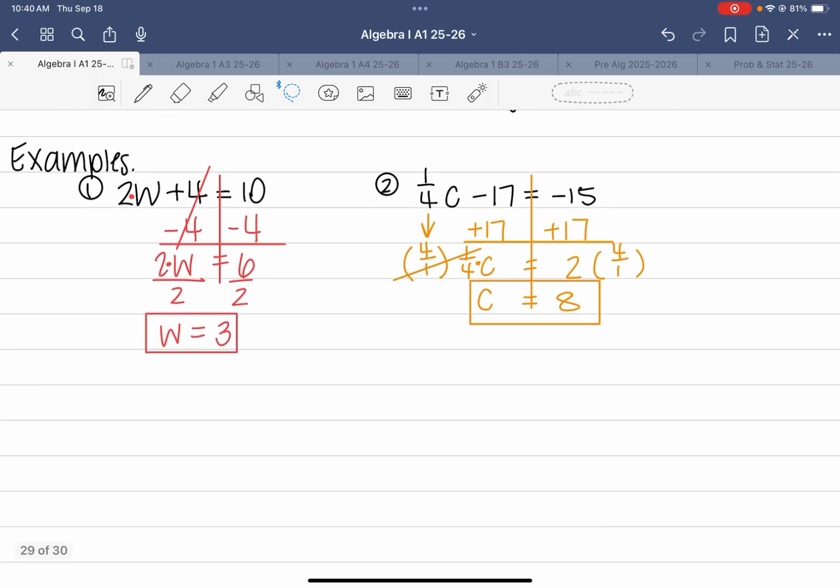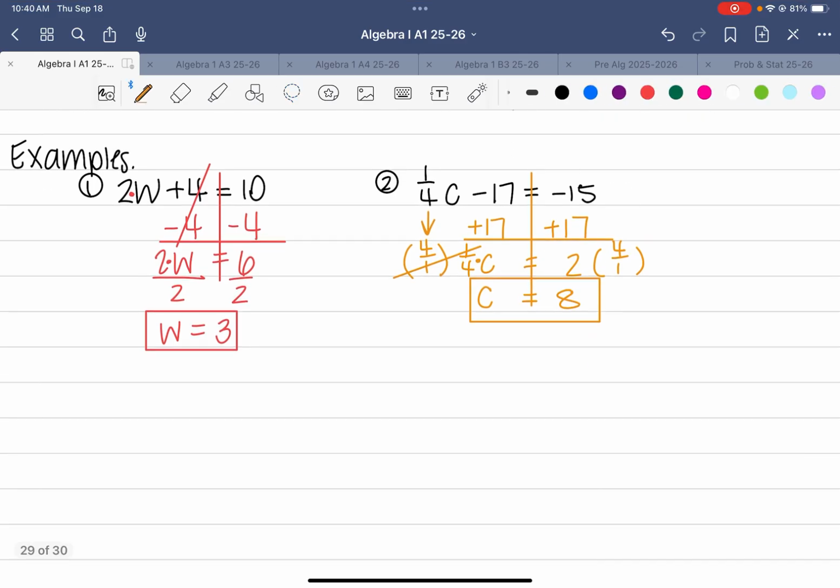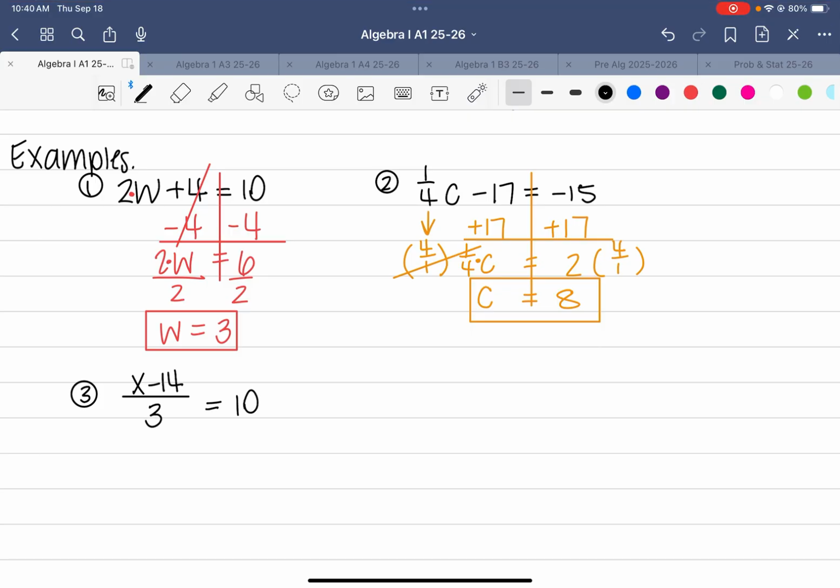So there's one more that we're going to do for your notes. And that is this one. Parentheses. Nope, not today. We're going to have a division symbol. We're going to have x minus 14 over 3 equal to 10. Remember the hints, PEMDAS backwards, or even what is further away from our variable.